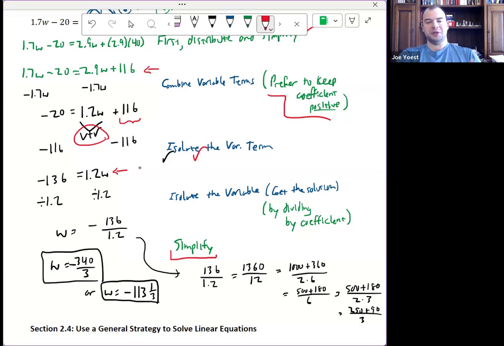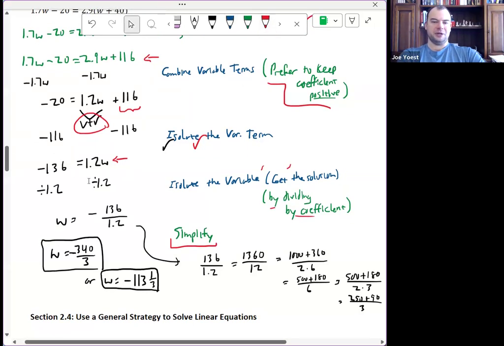I've got my 1.2W all by itself. And then I can isolate the variable to get the solution. Maybe I remind myself I do this by dividing by the coefficient of the variable, in this case 1.2. So divide both sides by 1.2, and I end up with W equals negative 136 over 1.2.